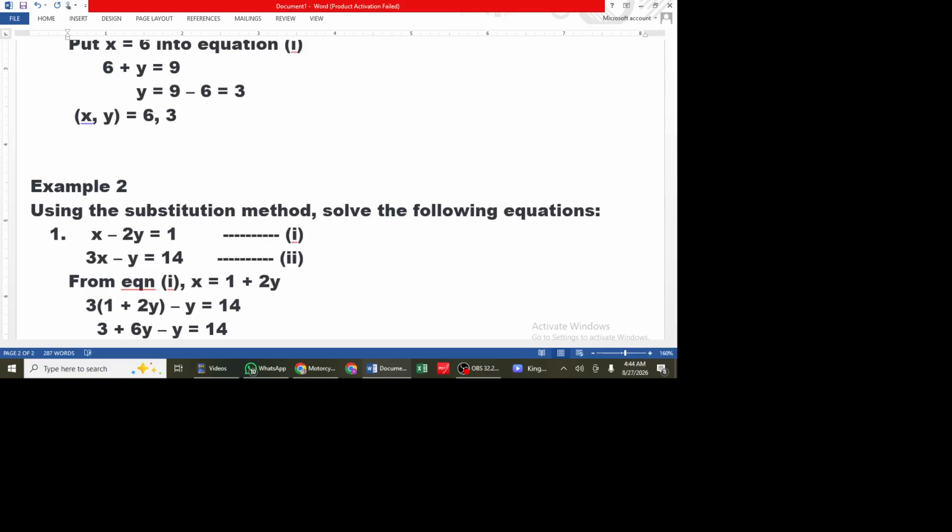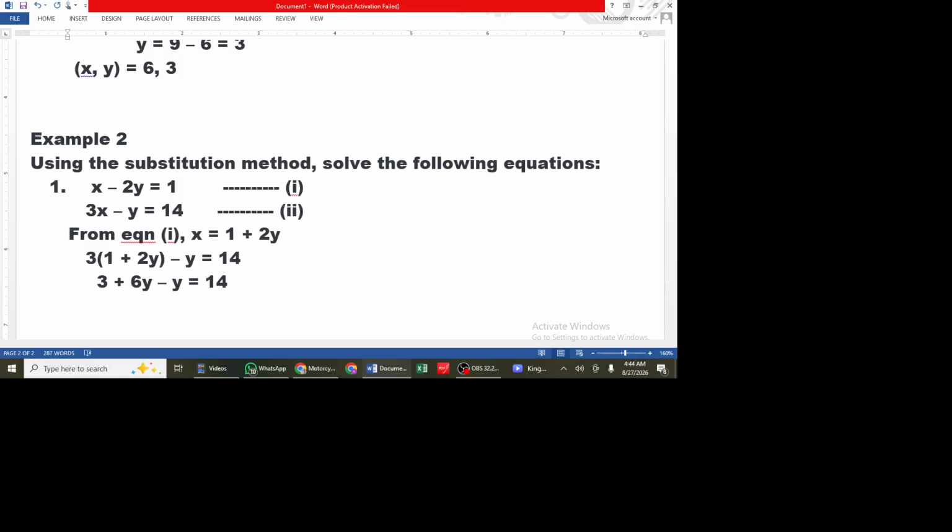From there, you collect the like terms. 6y minus y will give us 5y.